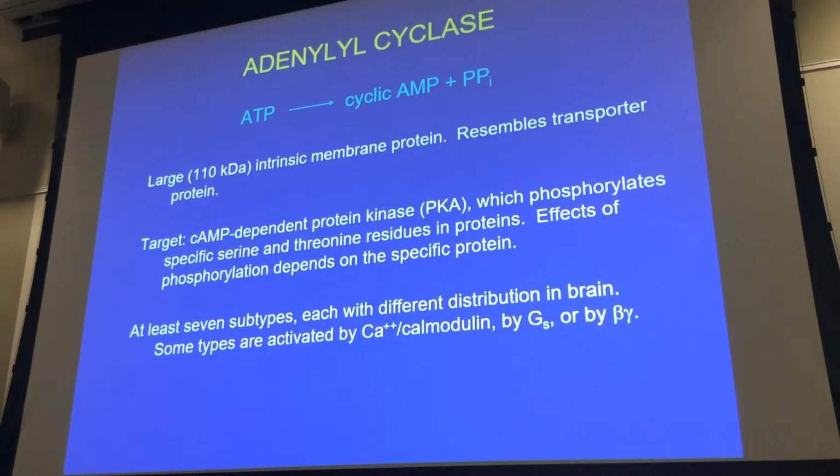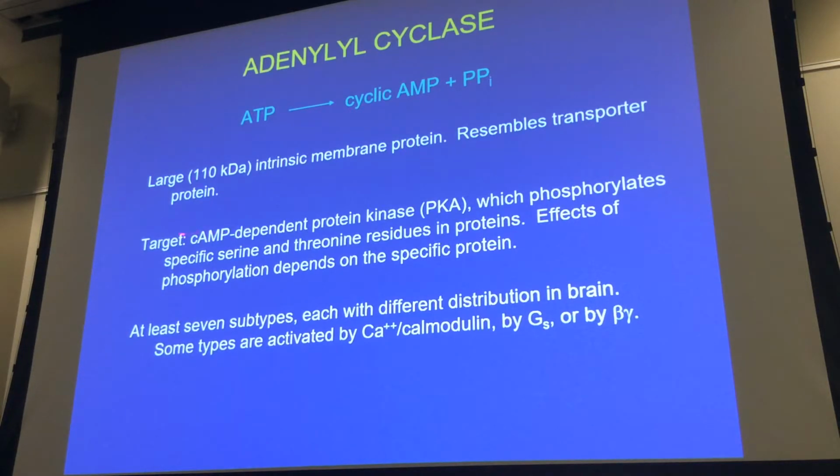The second effector that I'll talk about is adenylyl cyclase. Of course, this is historically the first of all of the signal transduction systems to be identified, by Earl Sutherland back in the 1950s. The enzyme adenylyl cyclase basically takes ATP, adenosine triphosphate, and converts it into cyclic AMP.